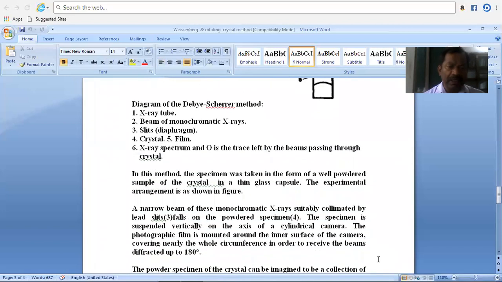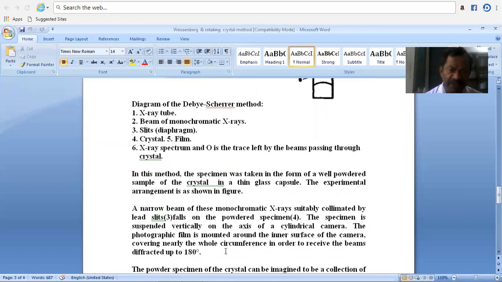Now, in this method, the specimen was taken in the form of a well-powdered sample of the crystal in a thin glass capsule. The experimental arrangement is as shown in the figure. Now, the narrow beam of monochromatic X-rays, suitably collimated by lead slits that are mentioned in number 3, falls on the powdered specimen shown as number 4 in the diagram.